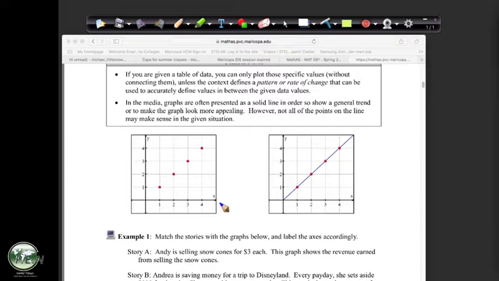So let's see. Given a table of data, you can only plot those specific values without connecting them, unless the context defines a pattern or rate of change. So whether or not we can connect it really depends on what we're given. But if they give us a table of values with X and Y, 1, 1, 2, 2, 3, 3, that's really this data here, right? That's all we can do.